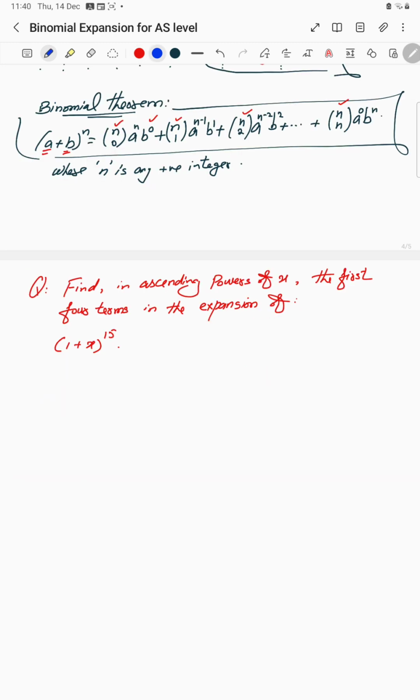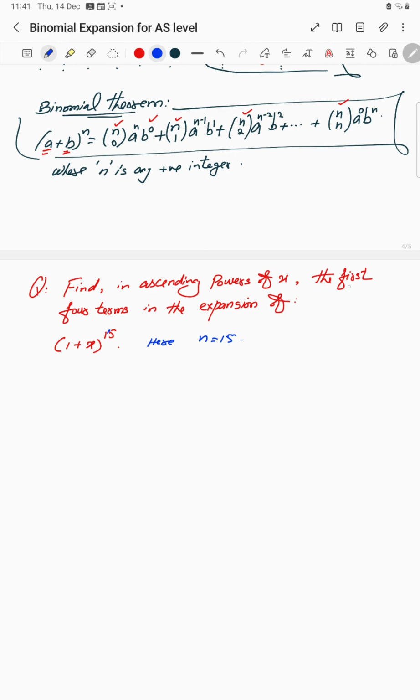Okay guys, take the example. The question is: find in ascending powers of x the first four terms in the expansion of 1 plus x power 15. Here n is 15. It's a bigger number, so we will not recommend you to go with the Pascal triangle to find the coefficients.